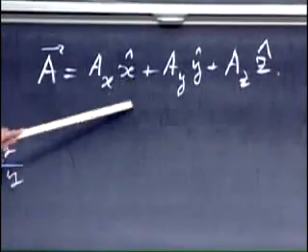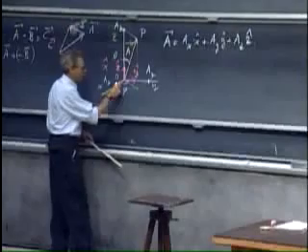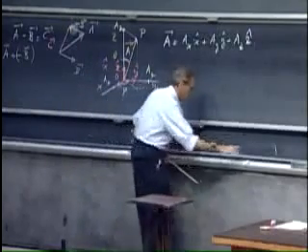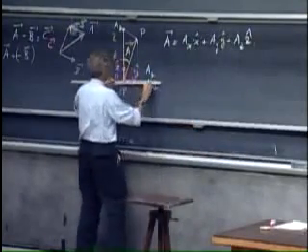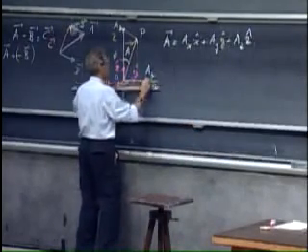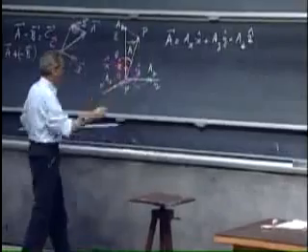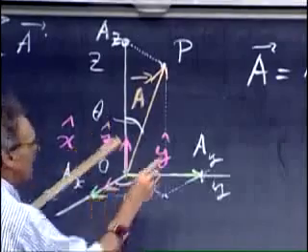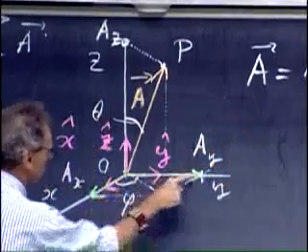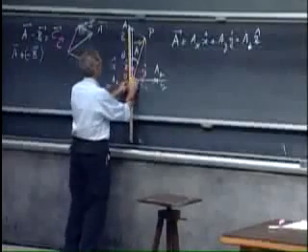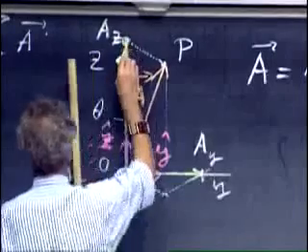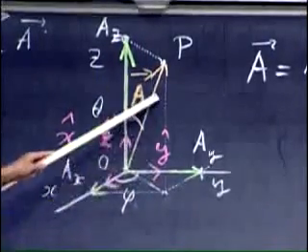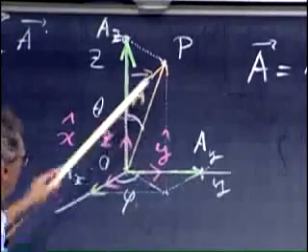And this A of x times x roof is really a vector that runs from the origin to this point. So we could put in that as a vector if you want to. This makes it a vector. This is that vector. A of x times x roof, it's this one. A of y times y roof is this one. And A of z times z roof is this one. And so the three green vectors added together are exactly identical to the vector OP.